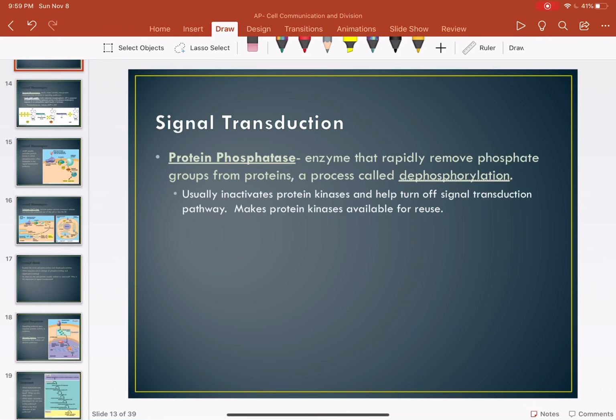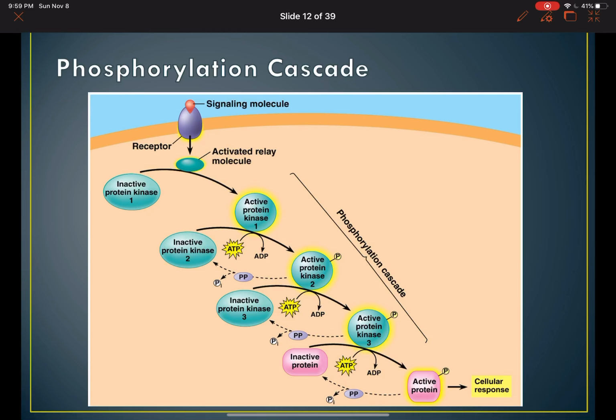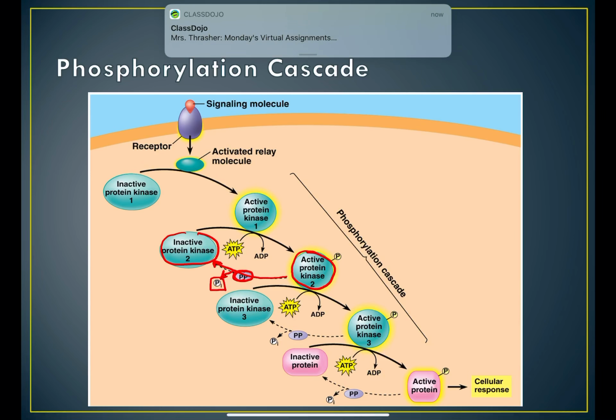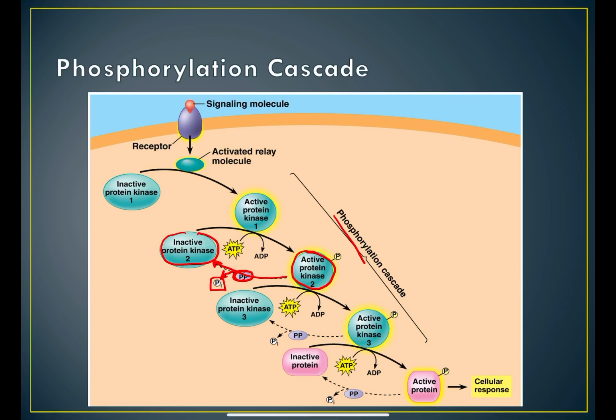Oops, if I can get back to my diagram. I deleted all my writing, but that's okay. That's maybe good. So right here, we see these protein phosphatases, and their job is to try to convert these activated protein kinases back into the inactive versions by removing that phosphate, like we just talked about, by dephosphorylating, okay? And you see them in every step of this phosphorylation cascade, okay?